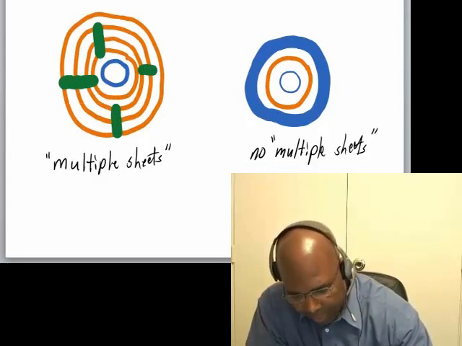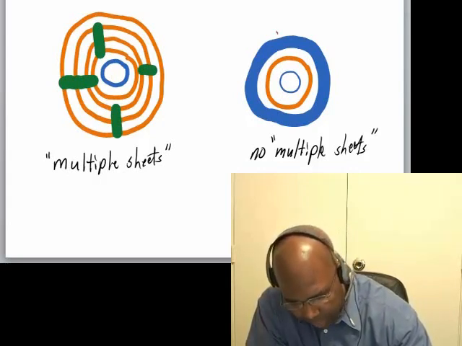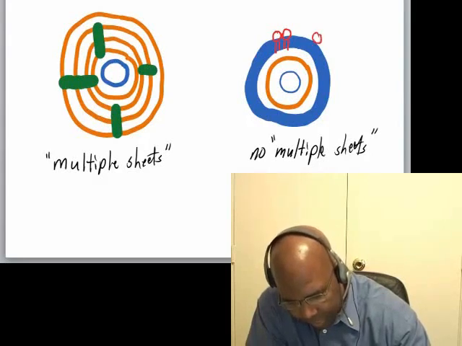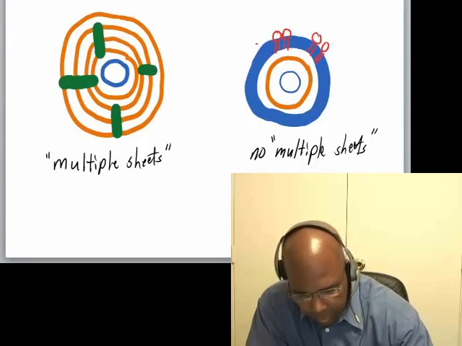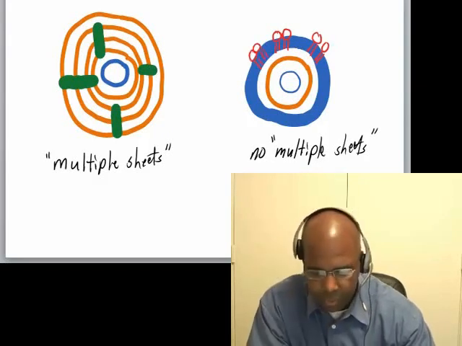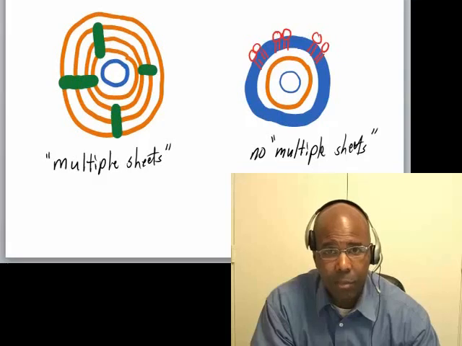There's going to be a disaccharide in this membrane, anchored with lipids. And that's going to be in the membrane of these bacteria.